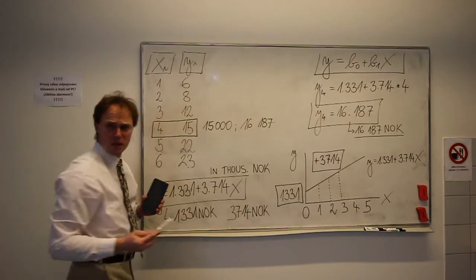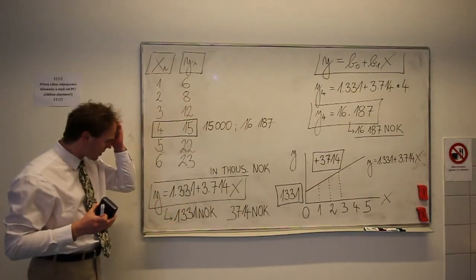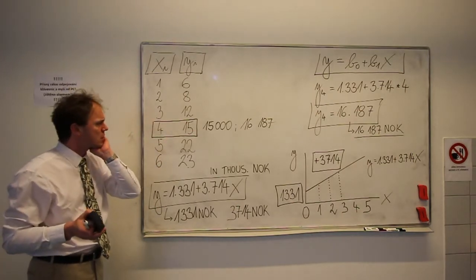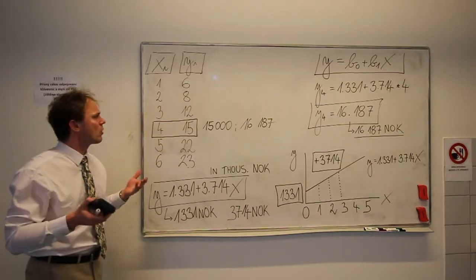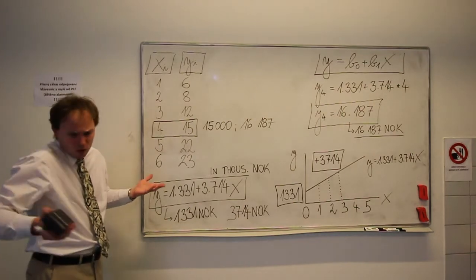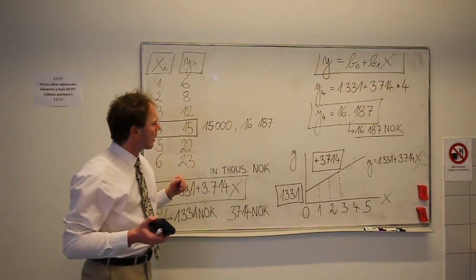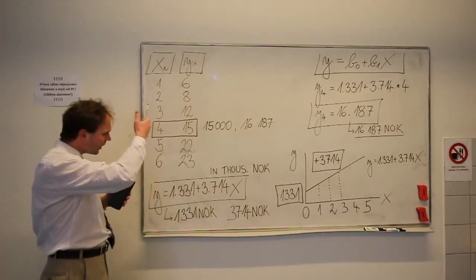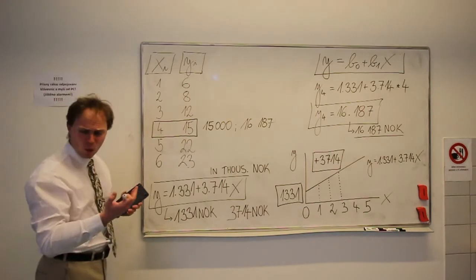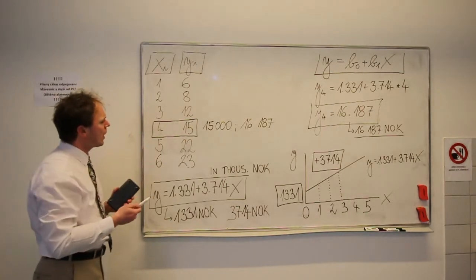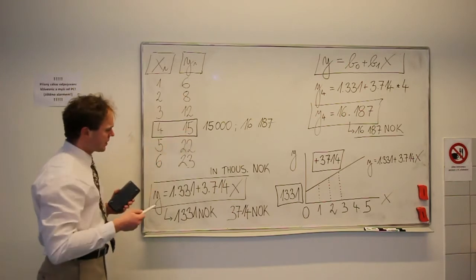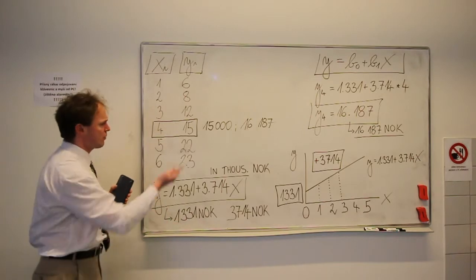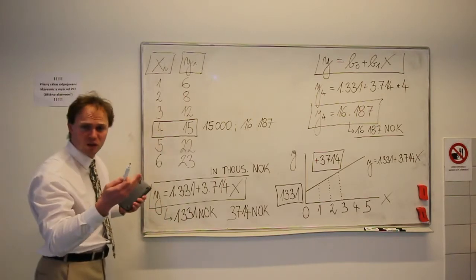So you can see that there is a difference, and I don't know if this difference is a lot or it's not a lot. 1,187 Norwegian crowns, a lot of money, yes, but in statistical way, we don't know if this difference is a lot or it's not a lot, if this is significant or not significant.